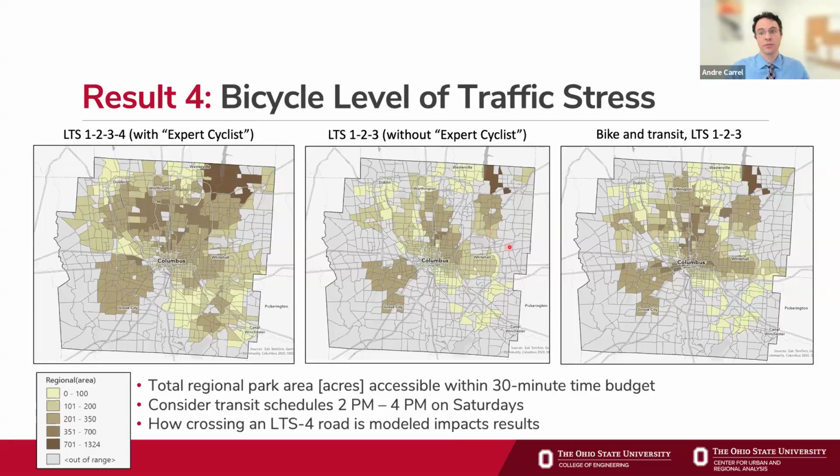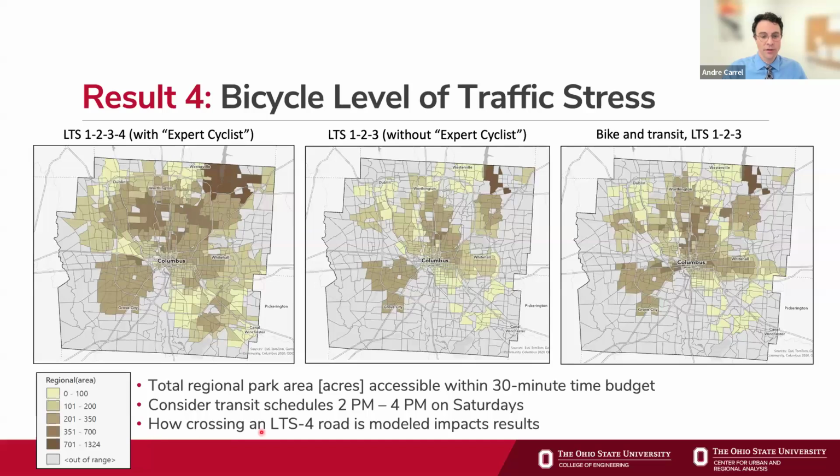So then we ask the question, well, what happens if we now add in transit, right? On the right-hand side, we can see the combination of bike and transit for level of traffic stress 1, 2, 3, but putting the bicycle on transit. And so that does actually make up for the loss of accessibility a little bit. We can see some return of accessibility in areas that previously got cut off because we excluded those roads.